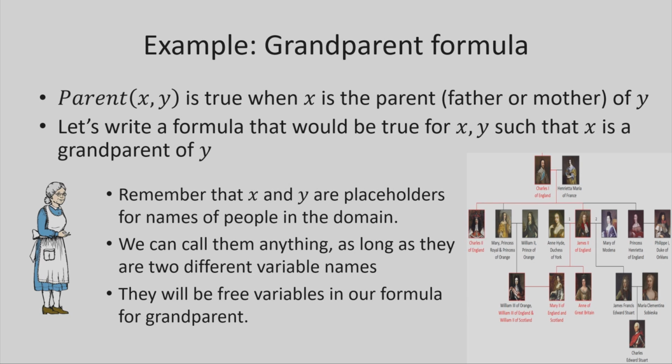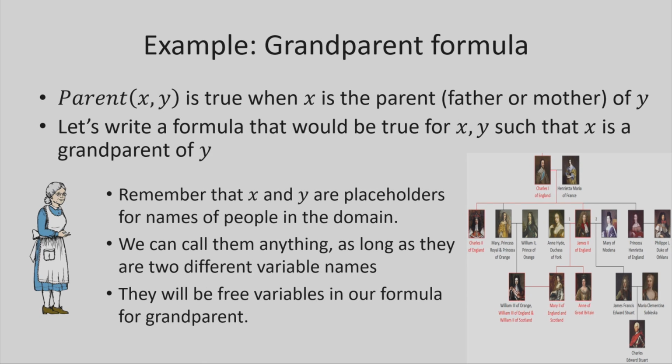So sometimes people get confused here because I'm using X and Y in parent, and then I'm using X and Y in grandparent. But I don't really mean that this is the same person X and the same person Y. I just mean that there are two placeholders, like the first entry and the second entry in the parent, and two placeholders in the formula for grandparent that we are going to write.